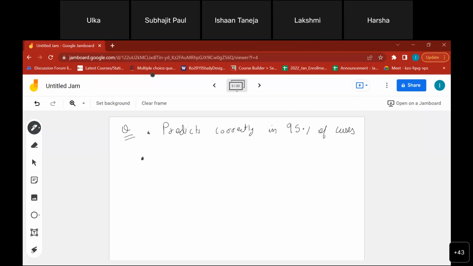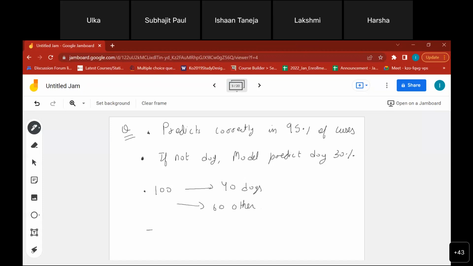The second information given to you is, if the image is not of a dog, the model will still predict dog in 30% of cases. Suppose you have 100 images in total. Of these 100 images, 40 are of dogs and 60 are of any other animal.